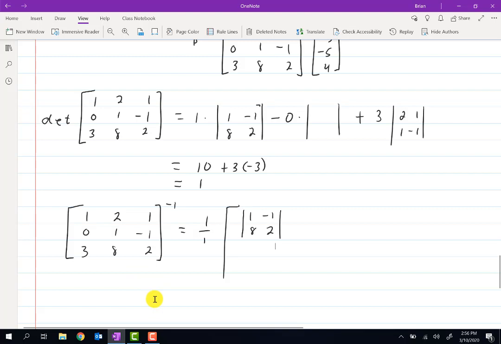But we'll get a negative here. Continuing here, this here is the 1, 3 component, so I really want the 3, 1 component, which is here. So cross the column and the row out, and I'll have 2, 1, 1, negative 1, and it's positive.